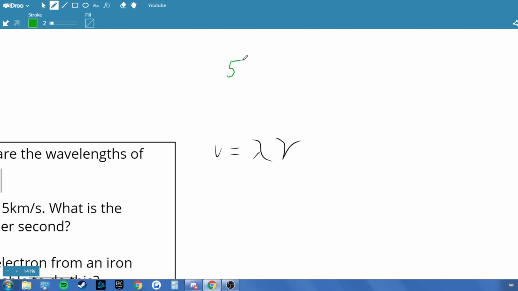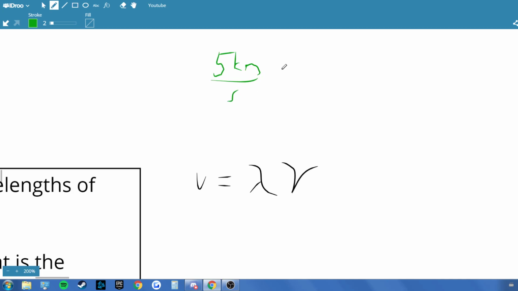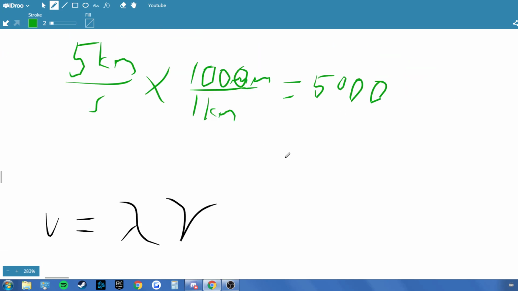So 5 kilometers per second times 1000 meters per 1 kilometer equals 5,000 meters per second.